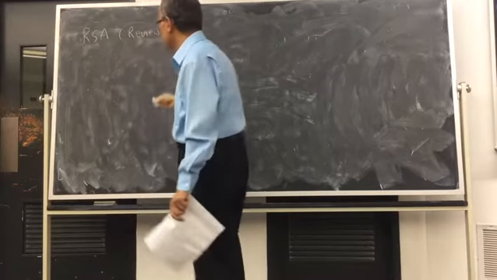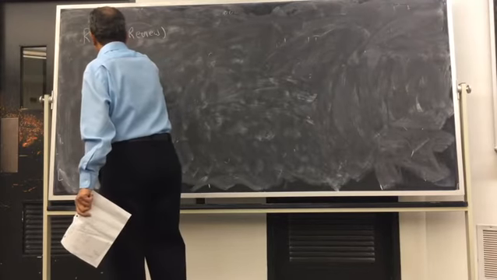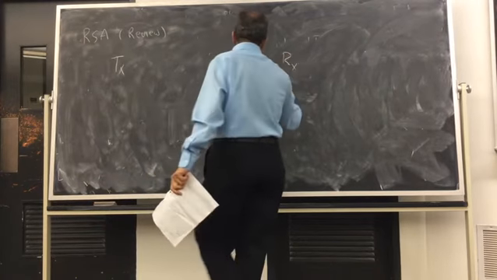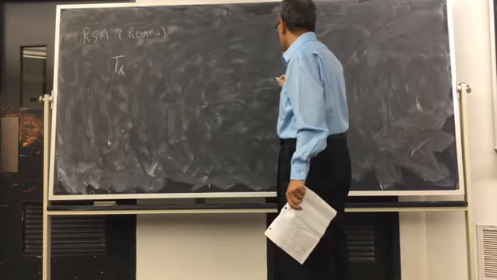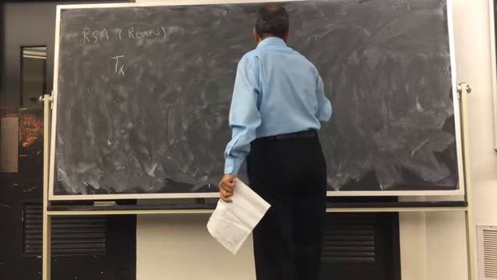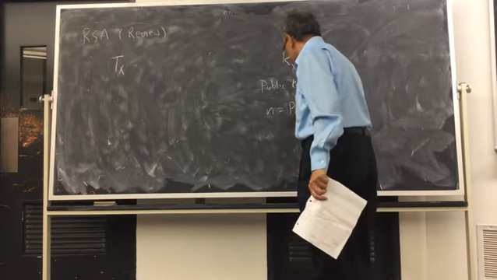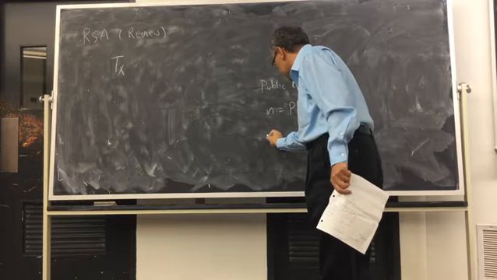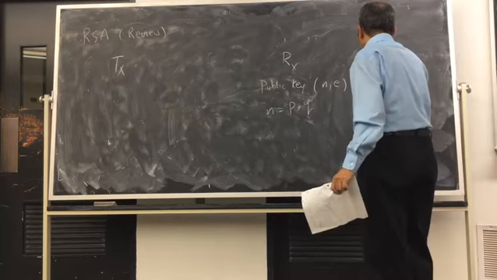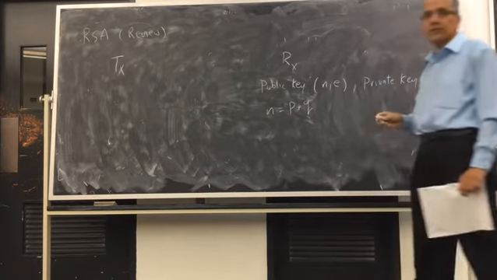For RSA, I have the sender and the receiver. The receiver has a public key, which is N and E, where N is P times Q, and the private key is D, the decryption exponent.